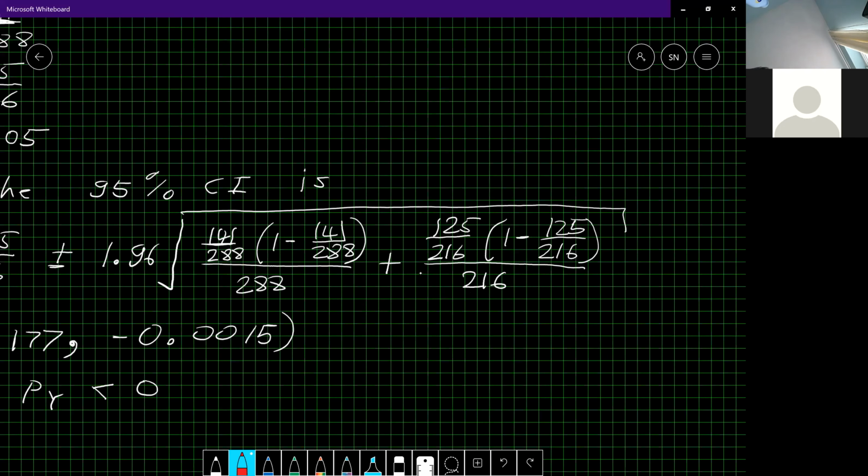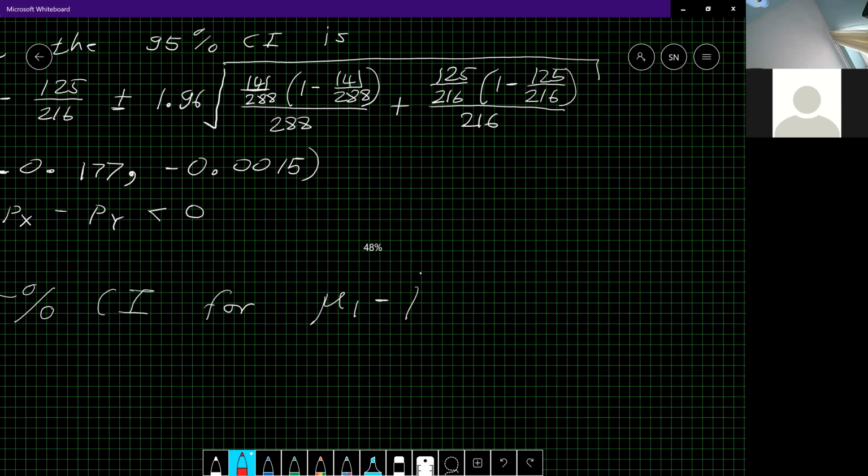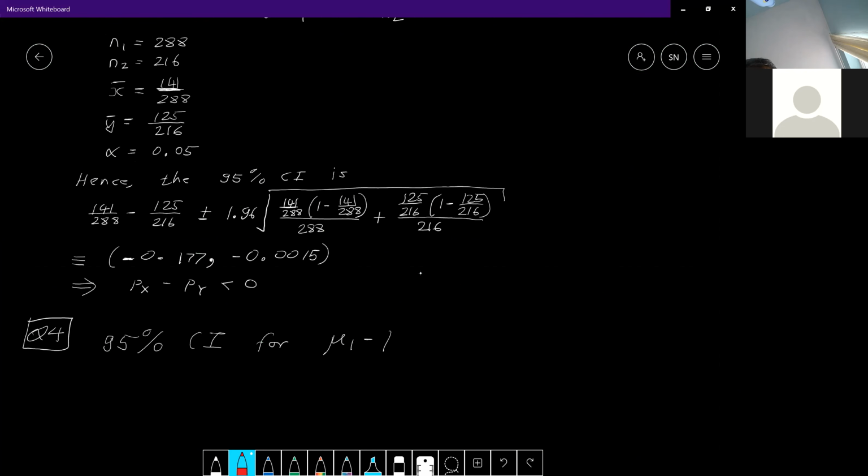Okay, here we are. We are looking for a confidence interval for the difference in population means, which is mu1 minus mu2.